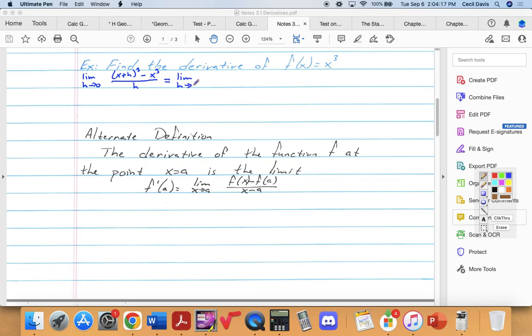So that's going to be the limit as h goes to 0. And someday when we have more time, I'll show you how you can do this really, really quickly. This is going to be x cubed plus 3x squared h plus 3xh squared plus h cubed, then minus x cubed all over h.